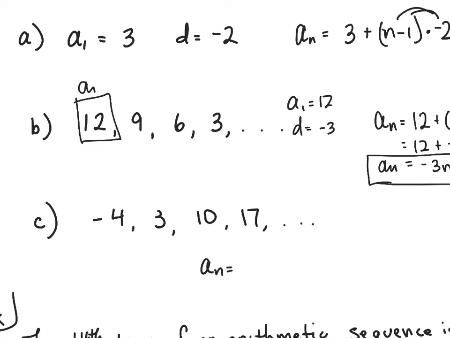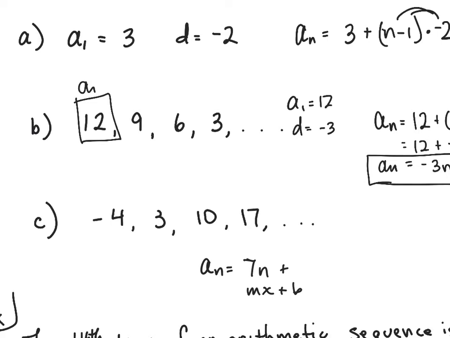So a sub n, and if we're going to use the notion of relating this to a linear function, linear meaning slope and y-intercept, y equals mx plus b, the slope would be the common difference. So what is it we're adding to each term? And we're adding 7, so that would be our common difference, 7n. And then, so if we're thinking y equals mx plus b, the slope is like our common difference.